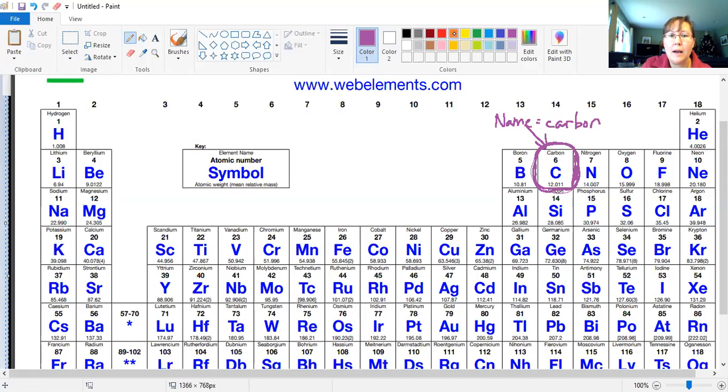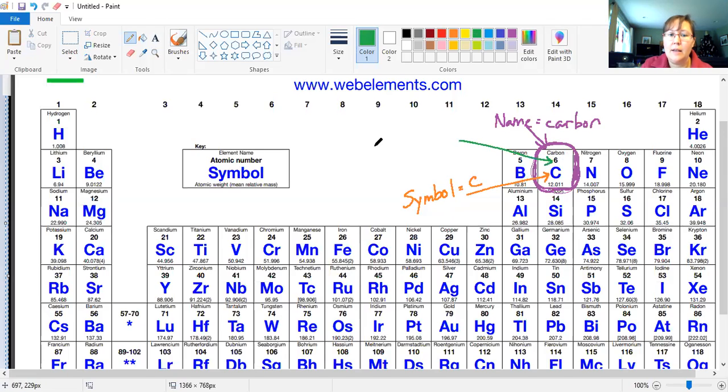Now we can see this C right here, and that's our symbol. In that case, it's a C. All right, now let's look at a couple of other things. You see this 6 right here?